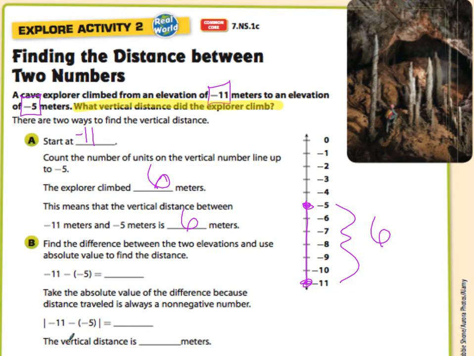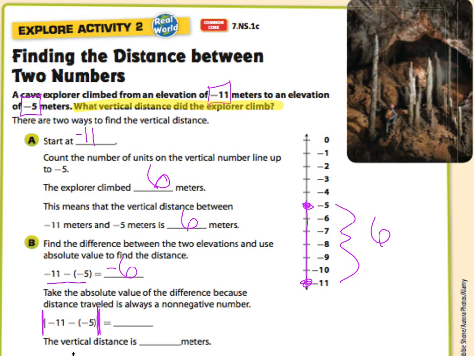But now, if I actually do the math, if I want to actually find the difference, I would do negative 11 minus a negative 5. Now, if I actually do that, I end up getting a negative 6 as an answer. But again, the person climbed up. And we're just looking for the change in elevation. And right now, we don't care if it was up or down. So that's why we use the absolute value.